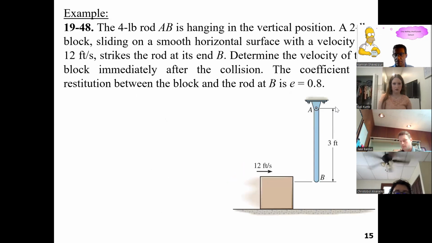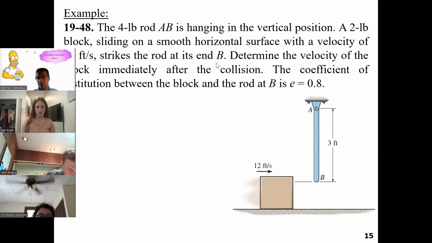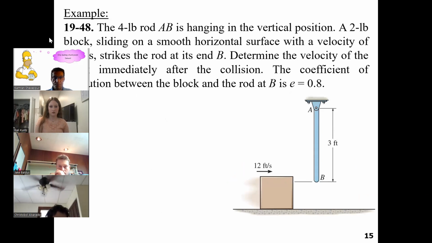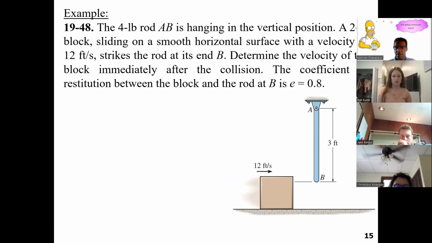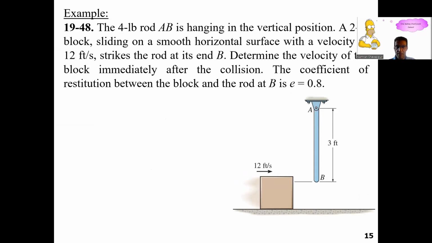Let's do this example. This is a kind of simple example. Most of the examples you have are like this, right? So here you have a 4-pound rod. This is a slender rod hanging from point A. You have a 2-pound block with an initial velocity of 12 feet per second. So it's sliding here with a constant velocity.